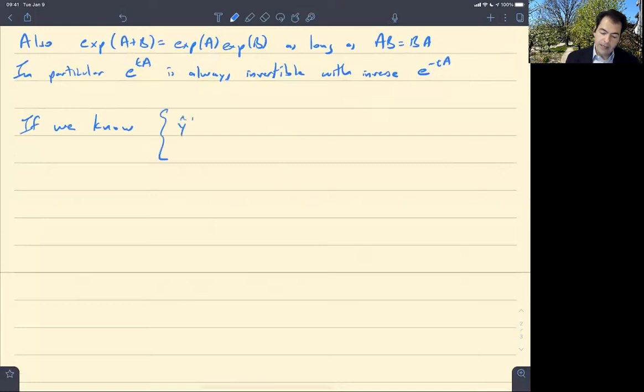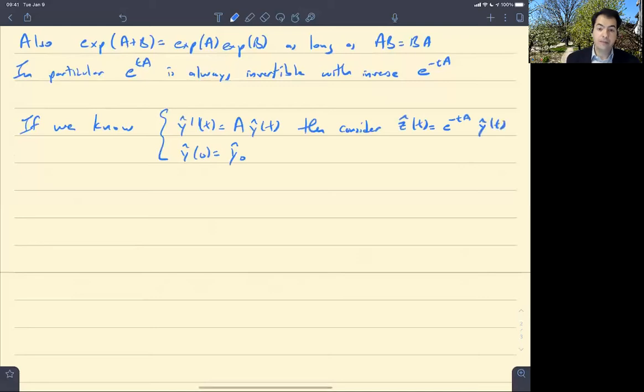If we know that y hat prime of t is equal to A y hat of t, and y hat of 0 is equal to y hat naught, then let's consider c hat of t, the function e to the minus ta times y hat of t.